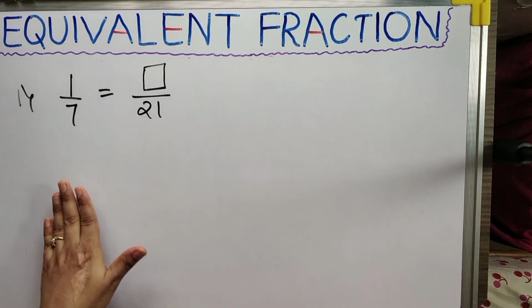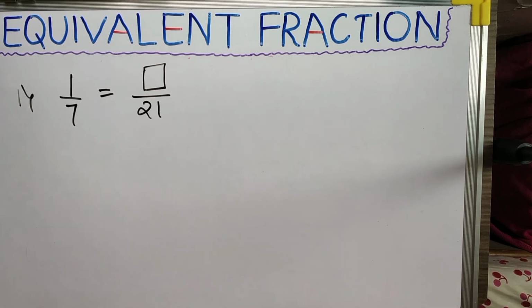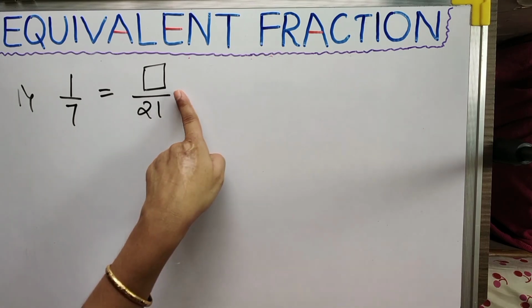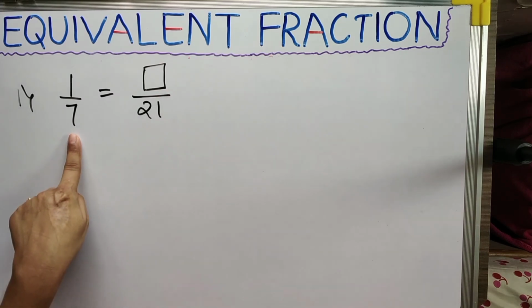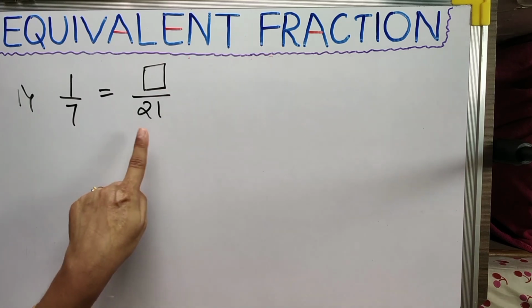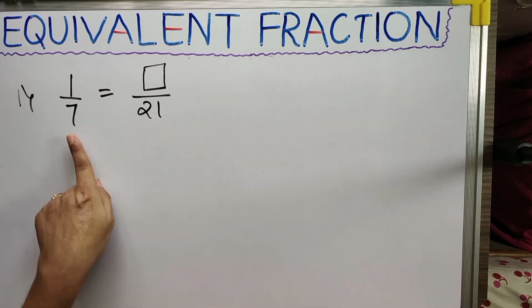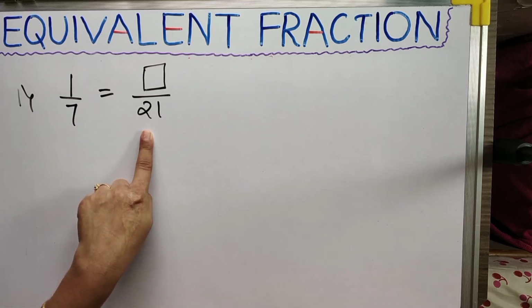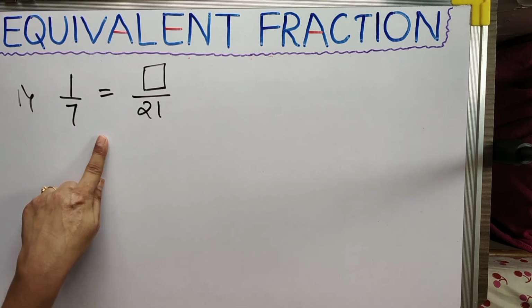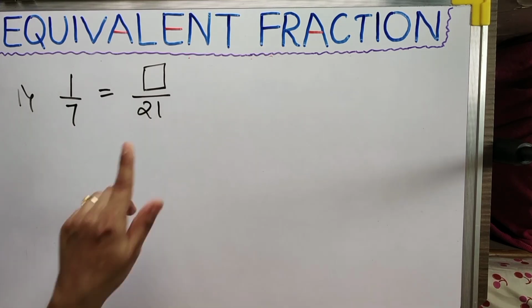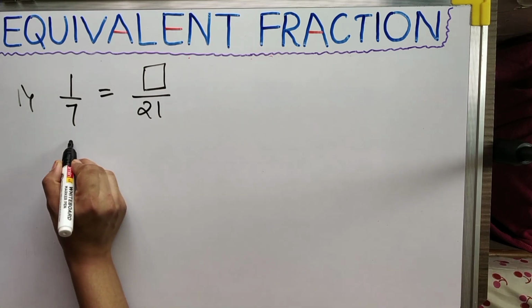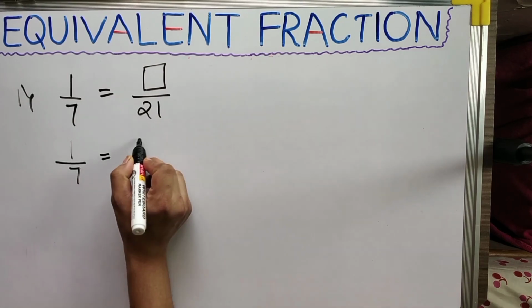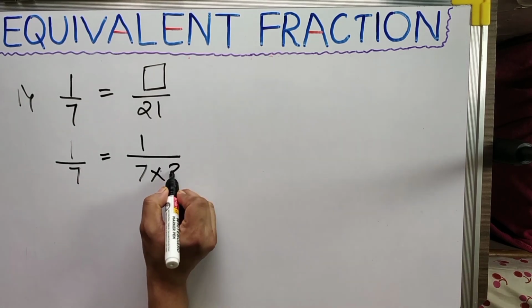Here it is mentioned: make the fractions equivalent. As you can see, we need to find the numerator to make the fractions equivalent. Over here, the denominator is 7 and we need to make the denominator 21. How can we make the denominator 21? Only if we multiply 7 by 3, since 7 3s are 21. So, the first step would be to multiply the denominator by 3. So, 1 upon 7 is equal to 1 upon 7 multiplied by 3.